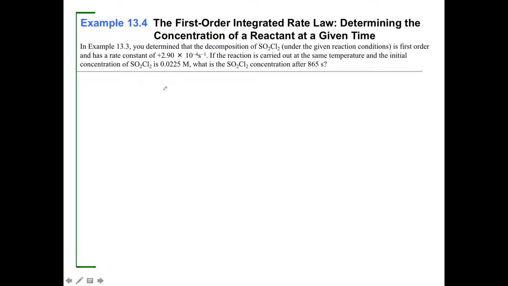I said in my previous question, rate is equal to K. Oh, my integrated rate law was natural log of A at time t is equal to minus kt plus natural log of A at time 0. What I did was I solved for minus K and called it minus 3 on the previous slide.